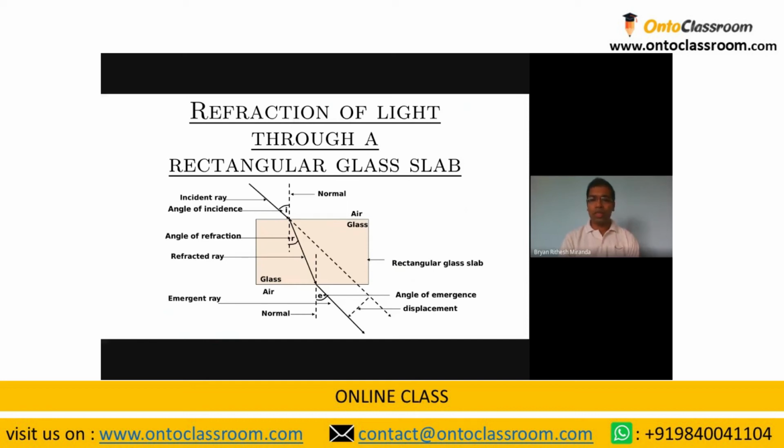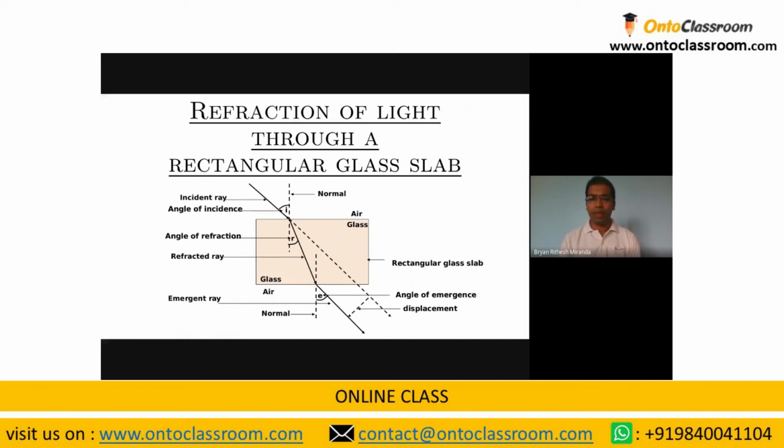It is noticed that the final emergent ray is shifted parallelly in comparison to the undeviated ray, the path the ray would take when it is not passing through any medium except air.